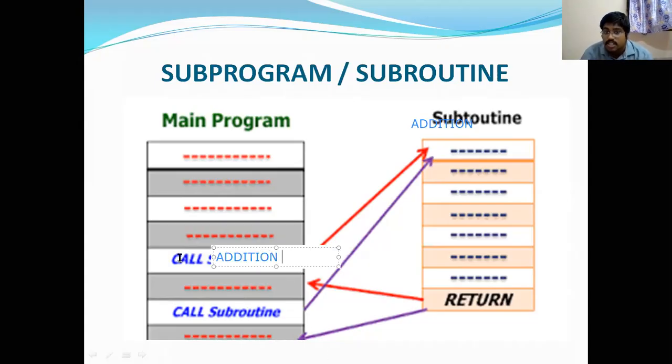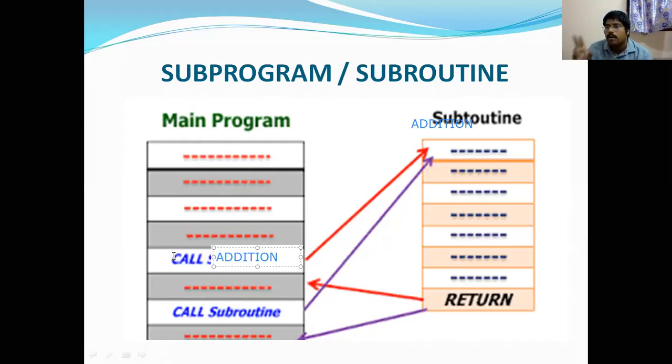Whenever I use this instruction, my controller, or my processor, which executes the first instruction, second instruction, third instruction, and so on, comes to this particular instruction and sees CALL.